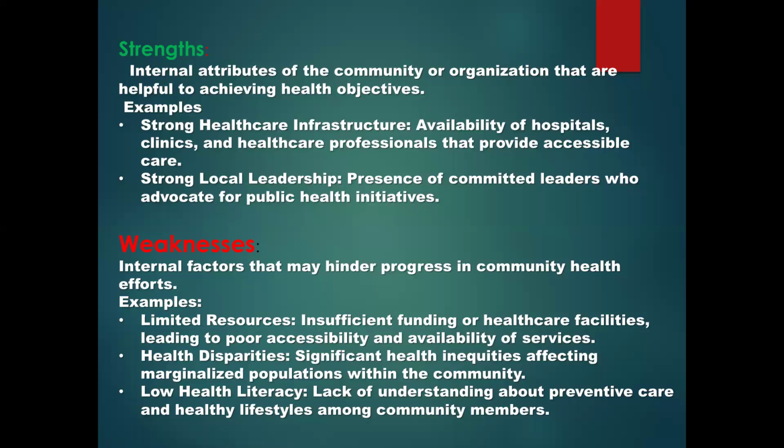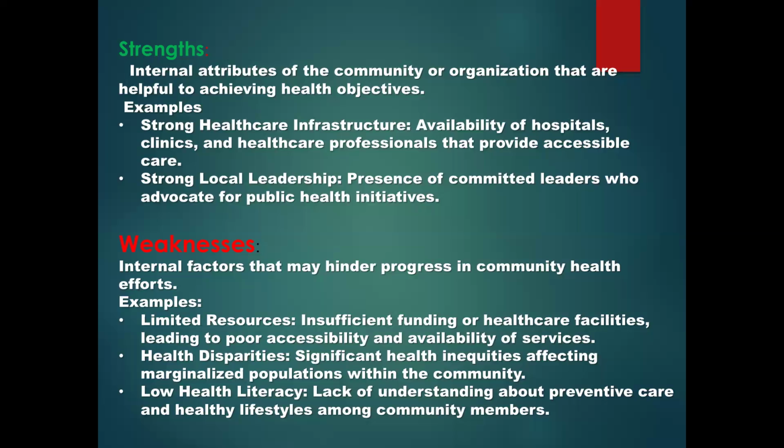So when they don't have those resources, or they have a poor leadership system, or they are having health disparities such as inequalities, the rich having access to insurance scheme, whereas the poor do not have anyone, or there's a marginalized population, so people are affected, or they have low health literacy. There's lack of understanding about preventive care and healthy lifestyles among the community members.